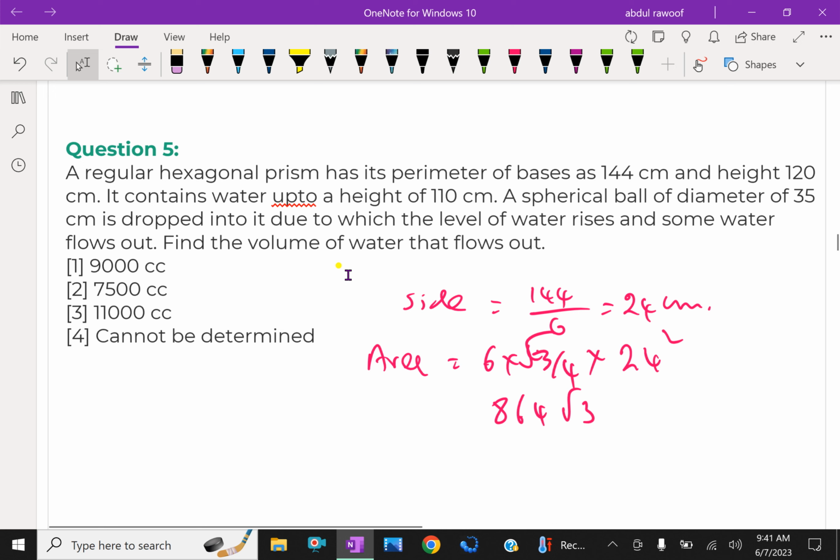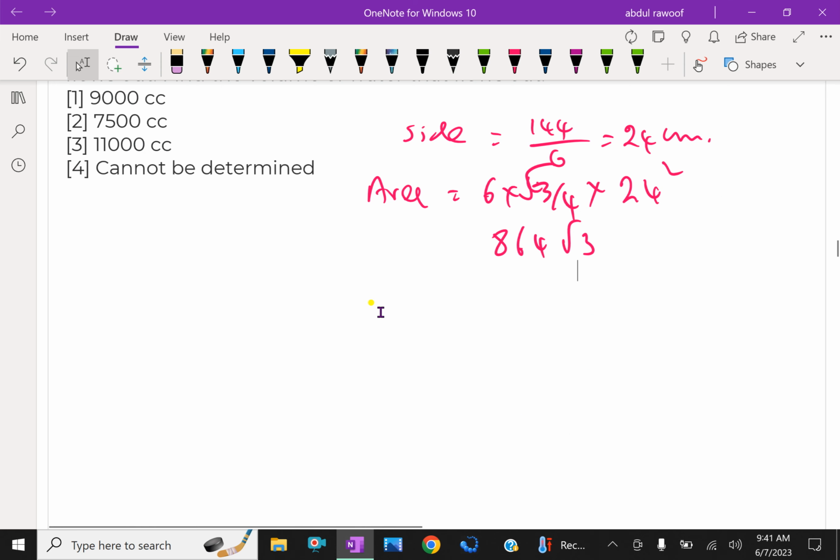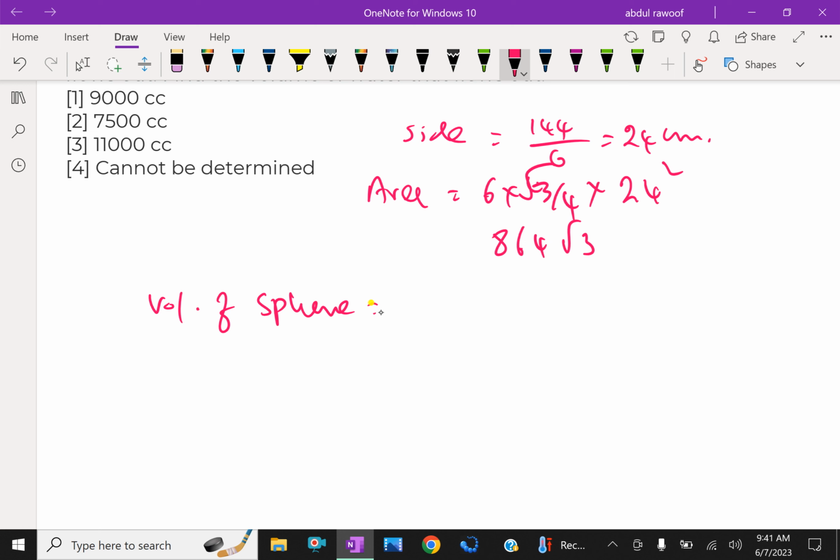Next we have to find the volume of the sphere with diameter 35. Volume of sphere of 35 centimeter diameter is 4 by 3 pi r cube.